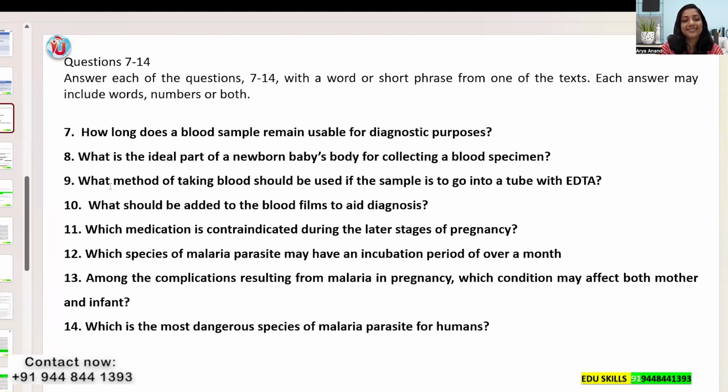Done? Yes, ma'am. Okay, what method of taking blood should be used if a sample is to go into a tube with EDTA? Very easy to find out the text. Those who have doubt, definitely I'll explain. Then 10th question, what should be added to the blood films to aid diagnosis?